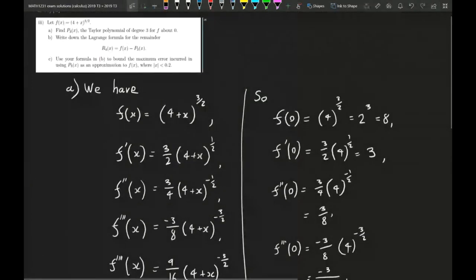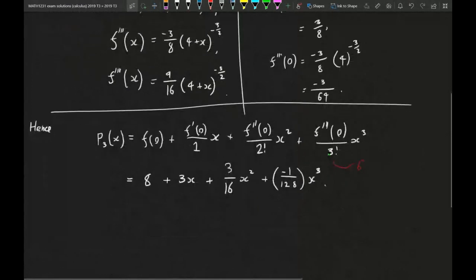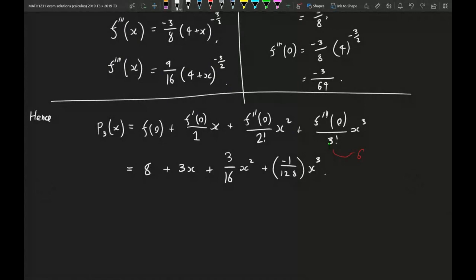Okay, so the first part is just write down this polynomial. Now the second part was write down the formula for the Lagrange remainder. So this is where the function itself comes in. You don't need to write this, but just a reminder. Let me get a better color.